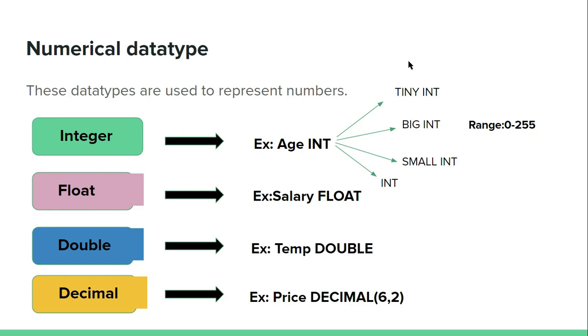In this example, you can store up to 6 digits with 2 decimal places, making it ideal for financial calculations where accuracy is crucial. Like here you can see the example for price decimal(6,2) is 256369.36. Here .36 gives 2 decimal places and the remaining are the 6 digit number. So these are all the numerical data types.